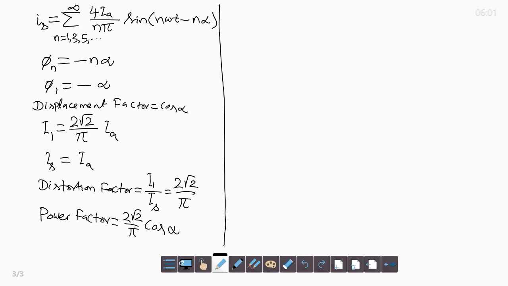Then we will do the derivation for harmonic factor, which is also THD, equal to the root of summation of In square from n equal to 3, 5 onwards, divided by I1 square.